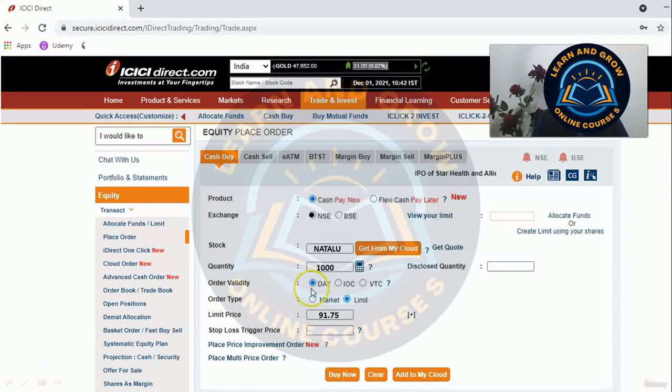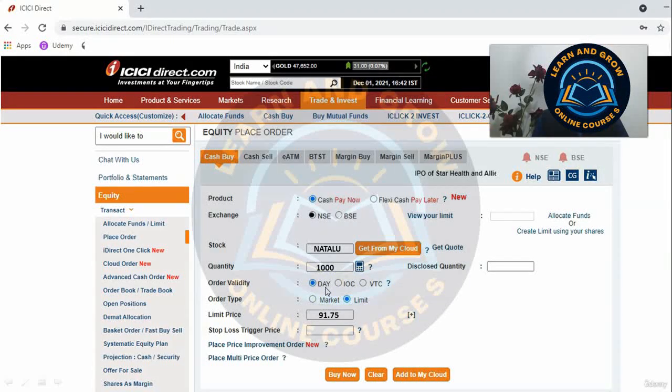But before that, let me explain what these three things are: day, IOC and BTC. Now, if I select the market order, then I don't get this choice, because market order means whatever the market price is, my order will get executed immediately. But when I select a limit, then I have these three choices. One is the day.